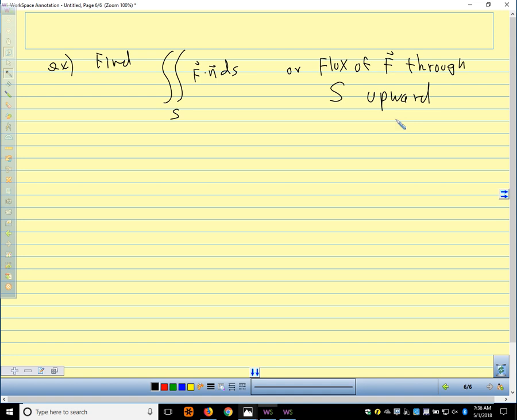The question may say, find the upward flux of F through S. And what they're asking you is to find this with the upward unit normal vector. Here F is given by x i hat plus y j hat. S is 2x plus 3y plus z equals 6 in the first octant.